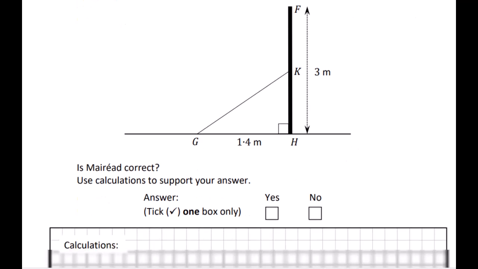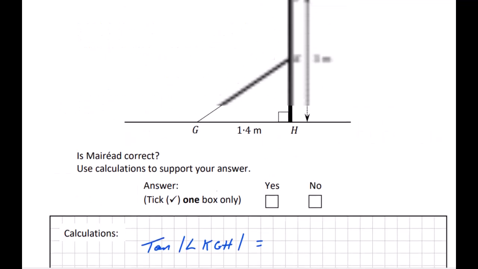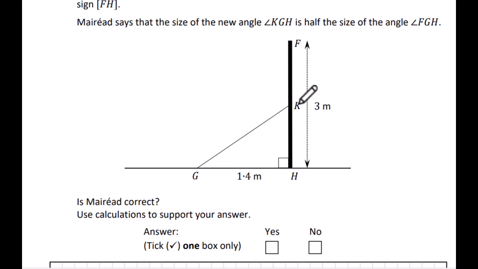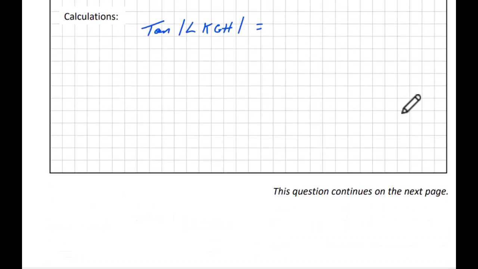So let's do that. It's the same kind of thing again. We're going to say the tan of the angle KGH is equal to, this time, it says it's halfway up, so it's going to be half of 3, which is 1.5 over 1.4. So the angle KGH is equal to tan inverse of 1.5 over 1.4.